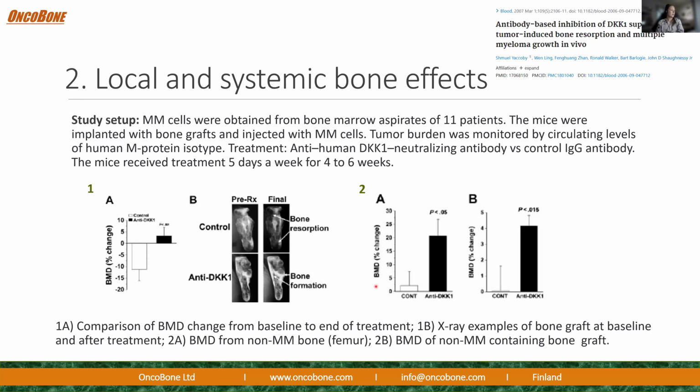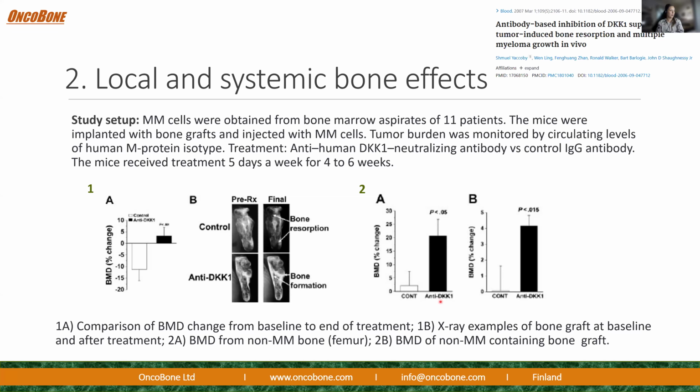Again, with DEXA, they did also check that in non-multiple myeloma containing bones. So this was done in the femur of the animal. So they can also see that it is happening regardless of if the bone had myeloma in it, or if it was an intact, or we could say healthy, bone in this specific case.